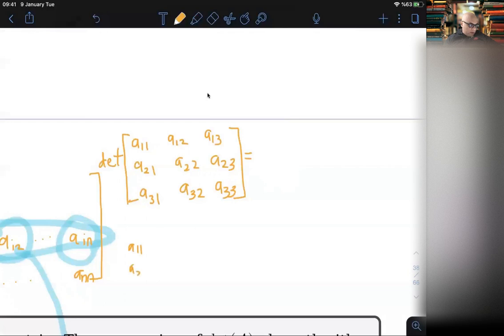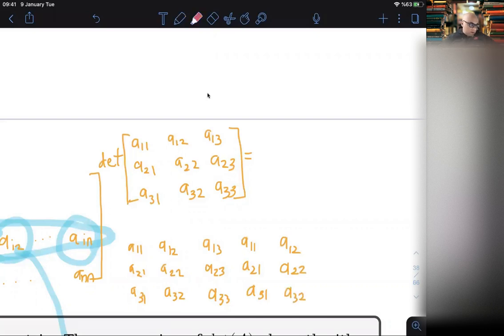A11, A21, A31, A12, A22, A32, A13, A23, A33. And you repeat the first column, and then you repeat the second column. Let me know if I make a mistake anywhere, okay? There are a lot of numbers here.